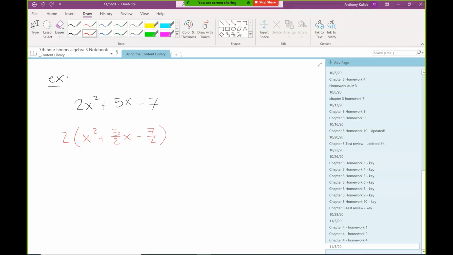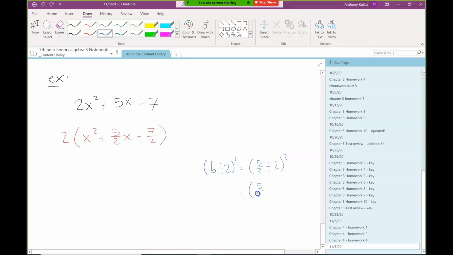Okay. Then what do I need to do? Good. So I add or subtract b divided by 2 squared. So in our case, b divided by 2 squared is equal to 5 over 2 divided by 2 squared, right?